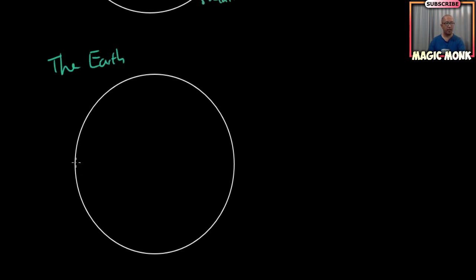We have a line through the center of the circle called the equator.